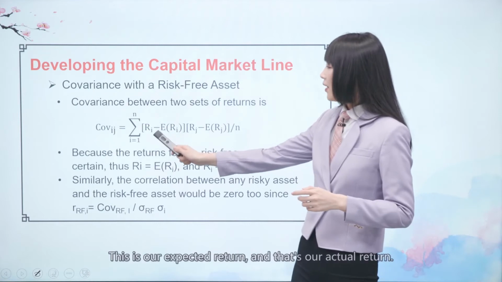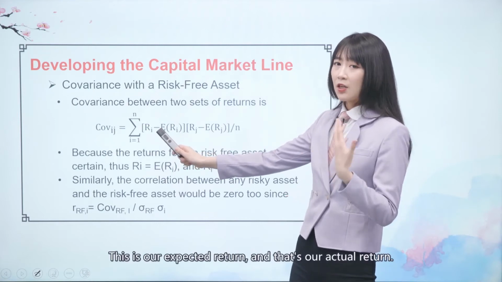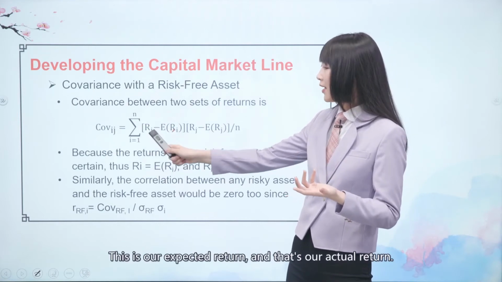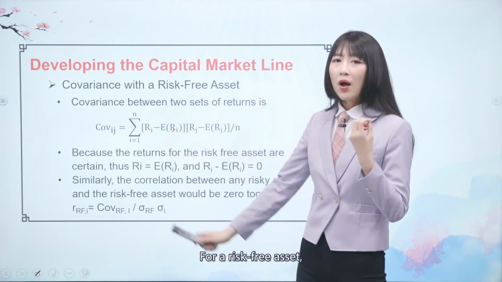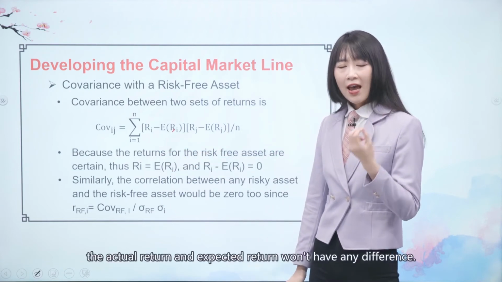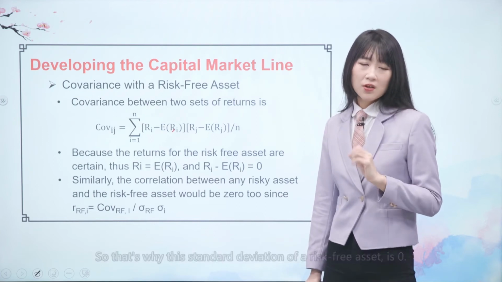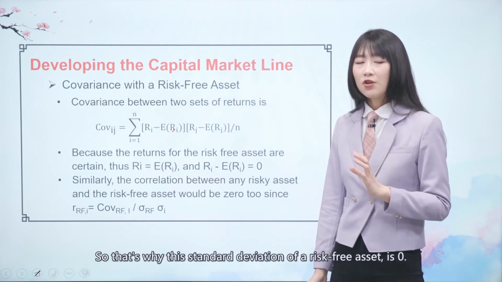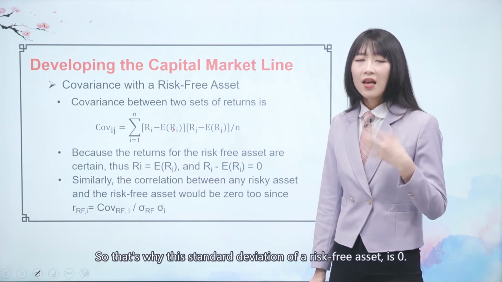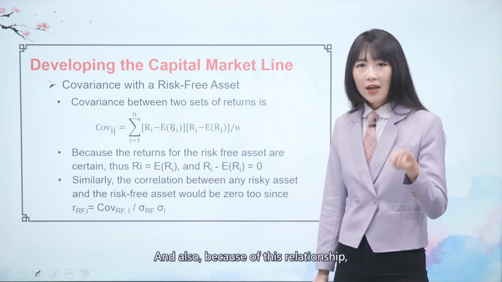Say this is our expected return, and that's our actual return. For a risk-free asset, the actual return and expected return won't have any difference. So that's why the standard deviation of a risk-free asset is zero.